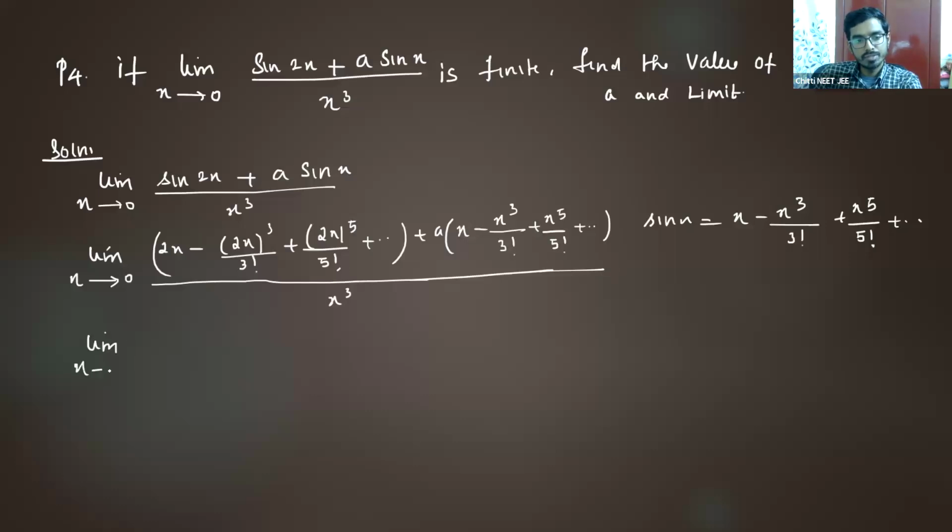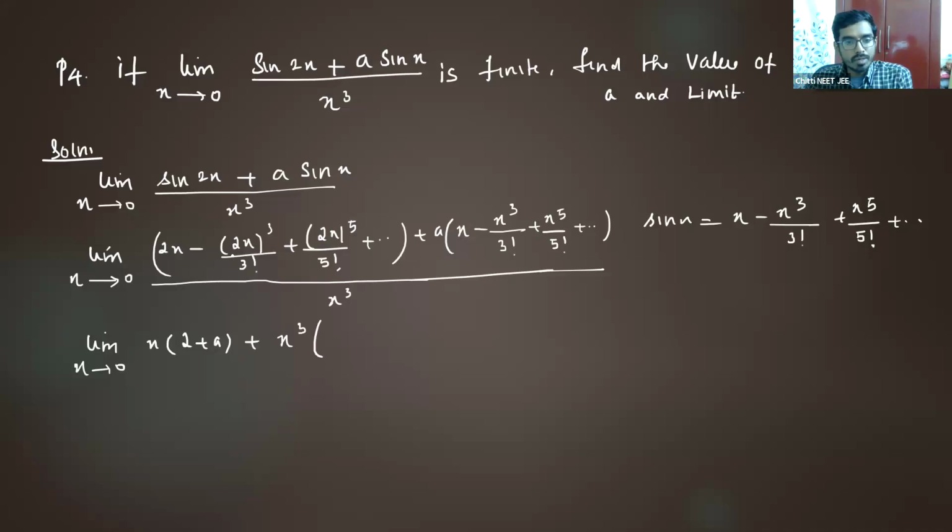So as x tends to 0, there is no constant term. Now collect all the x terms. If you collect all the x terms, it is 2 plus a. Now collect all the x square terms. There is no x square term. Collect all the x cube terms.